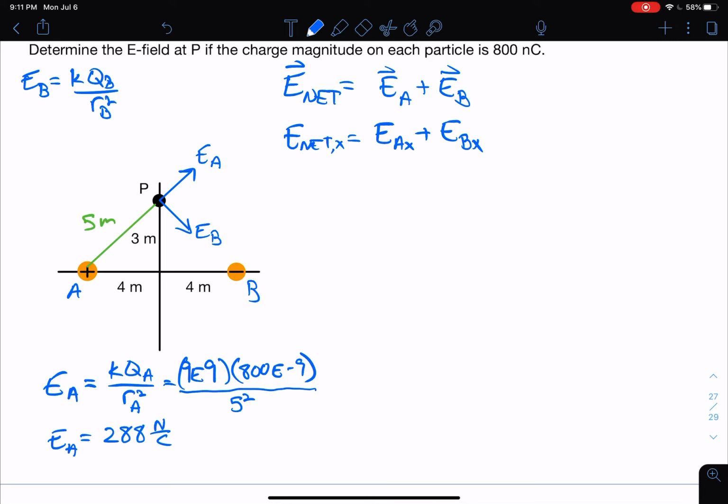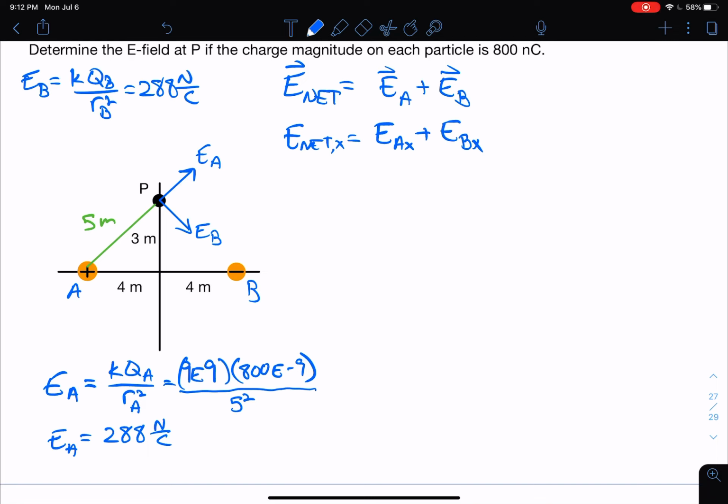We already know that's 9 times 10 to the 9th. The charge magnitude on each is 800 times 10 to the minus 9th. And RB is this distance right here, with that 3 and that 4, so this is just going to be 5. So it's the exact same thing, which means EB is just going to be 288 newtons per coulomb. So they're both creating the same magnitude of E field. The directions are different, and that's key.